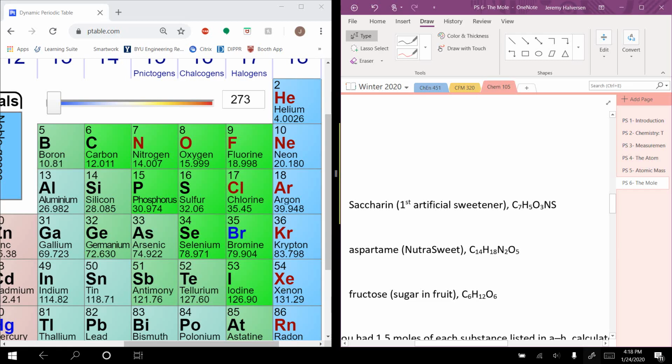Nitrogen has a molar mass of 14.007 and sulfur has a molar mass of 32.06.